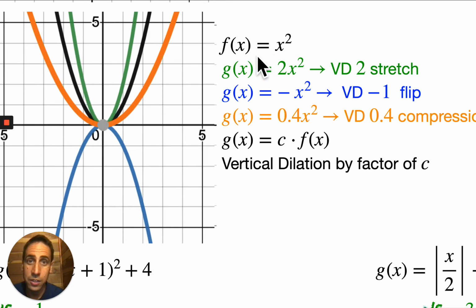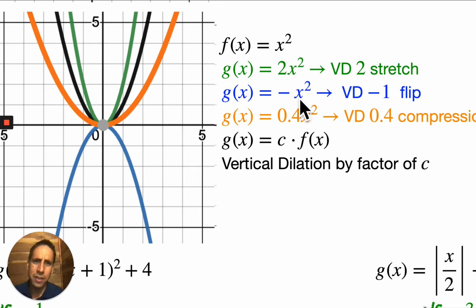So if the function is x squared, like this in black, then 2 times x squared will give you a vertical dilation times 2. We'll call that a stretch, because if you took the x squared black parabola and stretched it like it was all printed on Play-Doh, and you just pulled it apart, everything gets stretched upwards. The stretch is a special kind of dilation.